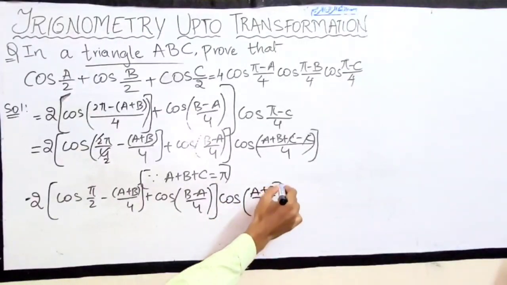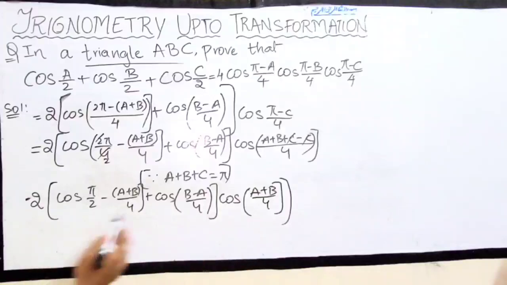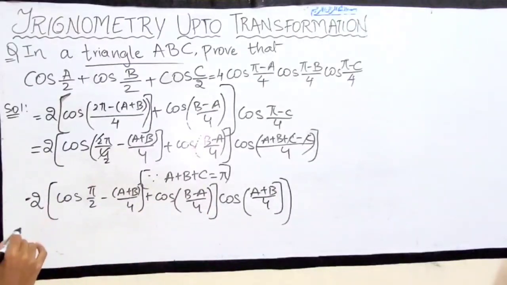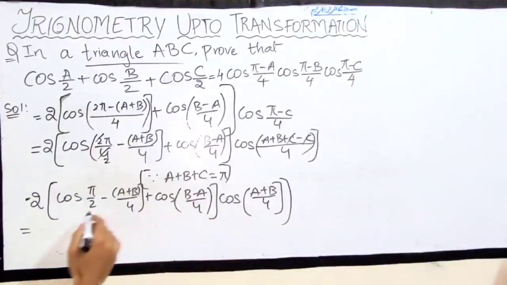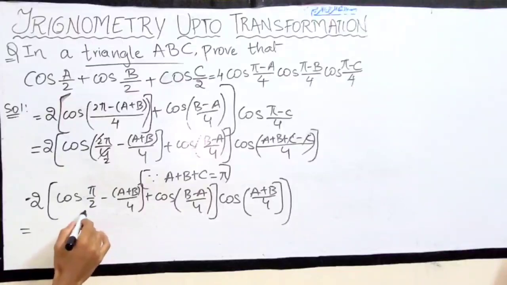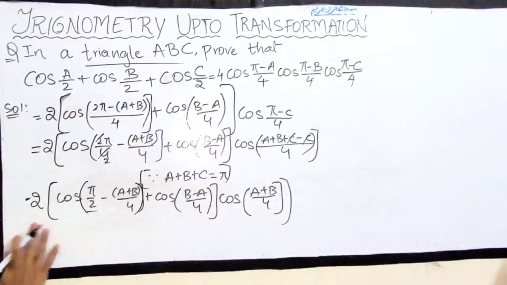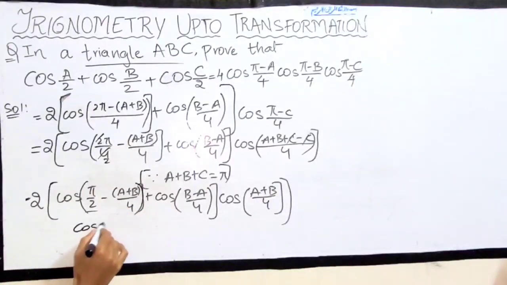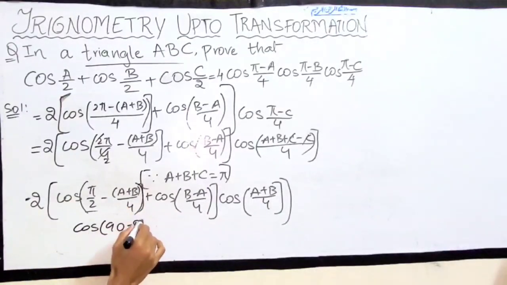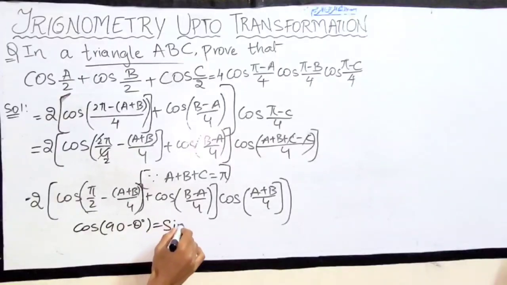Now instead of multiplying with 2, first multiply all the terms, and before that you can see here this is cos of pi by 2 minus theta, which means you can apply the formula. What is the formula? Cos of 90 minus theta is sin theta.